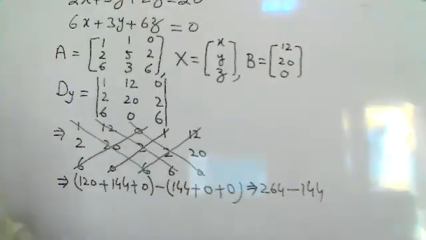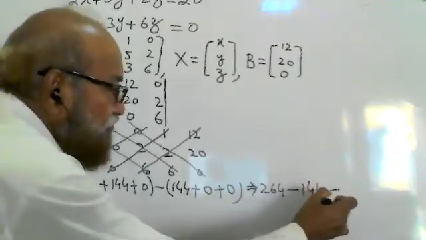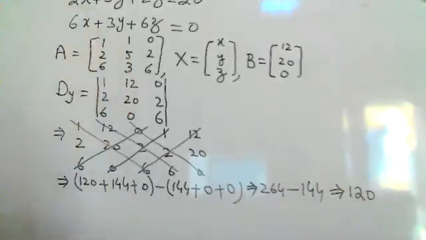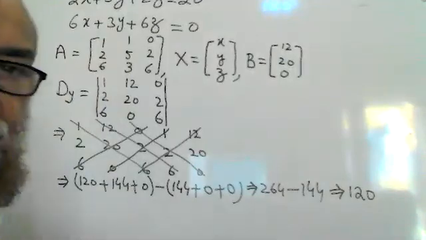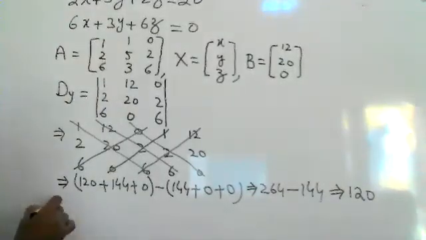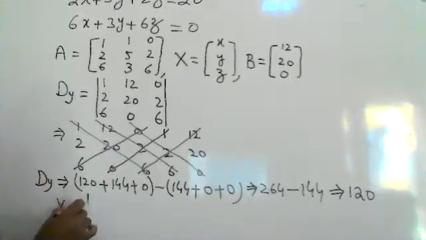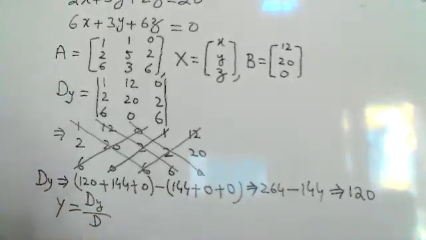So the answer will be 120. This is the answer of dy. y will become dy upon d.